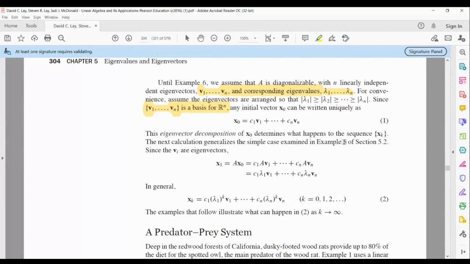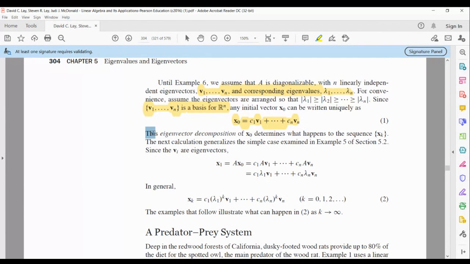There are n eigenvectors in the basis. So any vector x sub 0 in R^n, any initial vector, we usually call x sub 0 an initial vector, whether it's initial population distribution or initial population percentages, can be written as a linear combination of the eigenvectors, because the eigenvectors form a basis for that n-dimensional space.